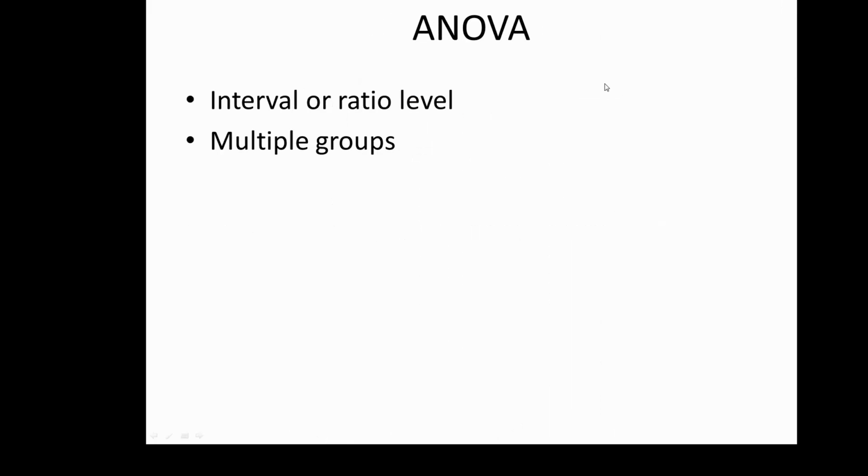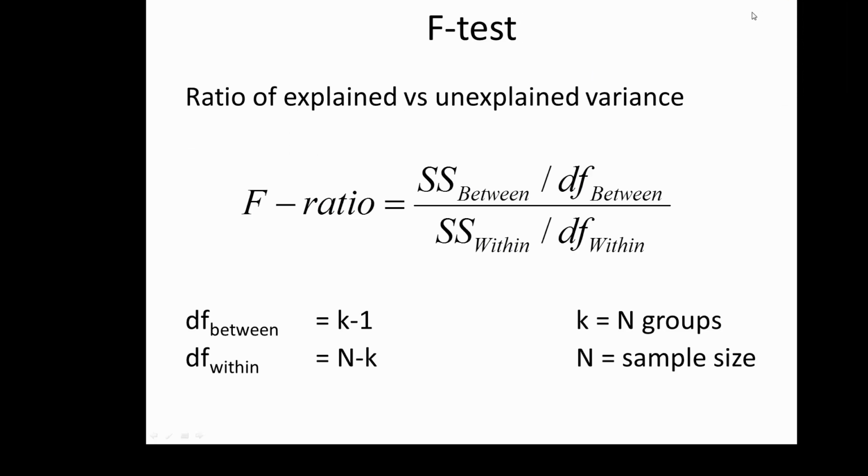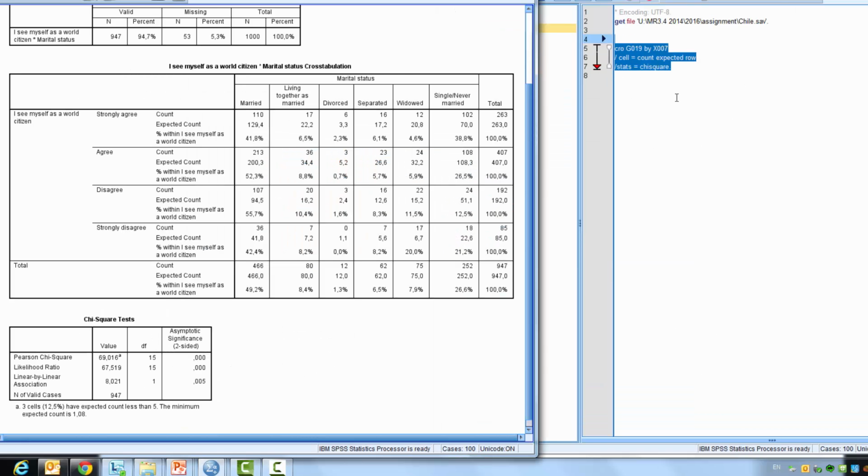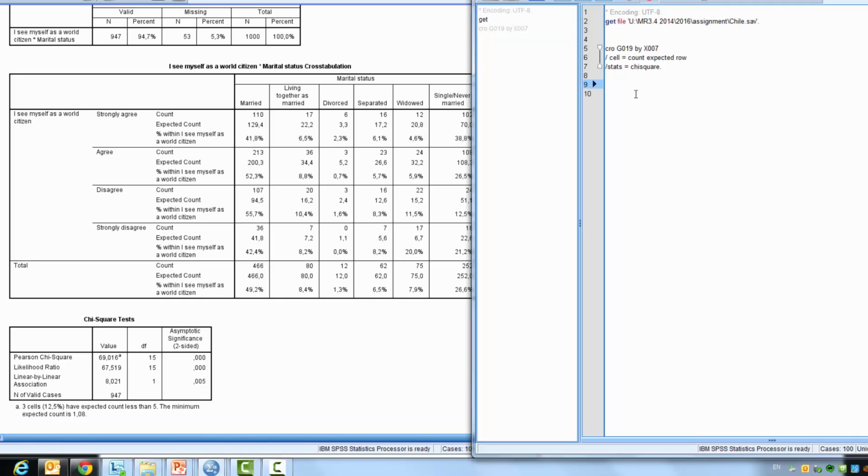So now we go on with the ANOVA test. There we measure the variables at the interval or ratio level, and this is usually the dependent variable, and we compare multiple groups on how they measure on this interval variable. So first, if you want to conduct an F-test, you just type in ONEWAY, which is short for one-way ANOVA.